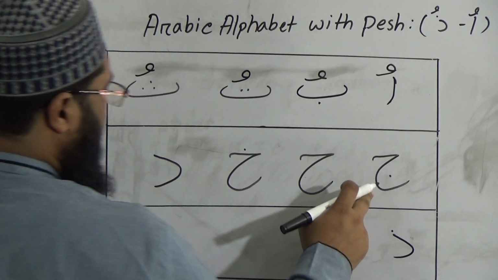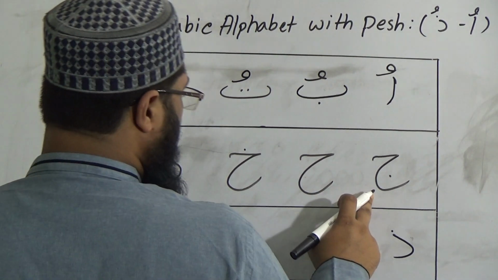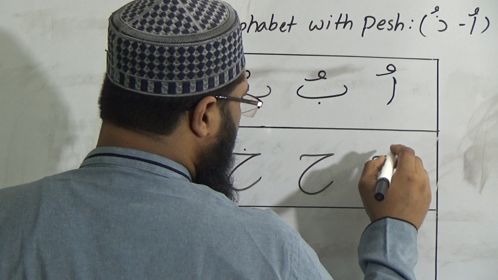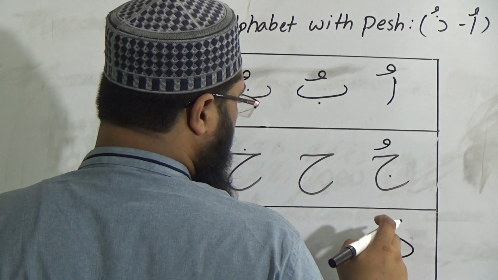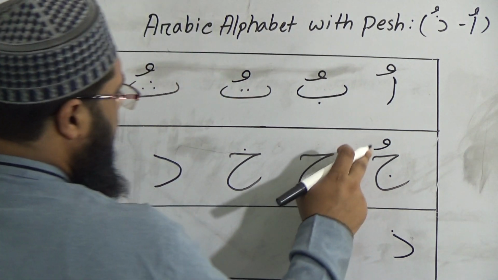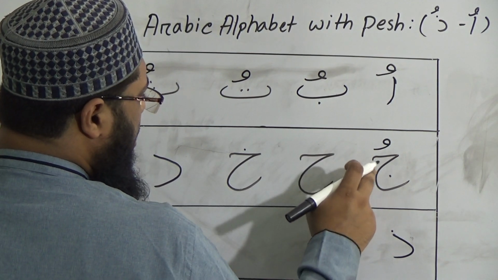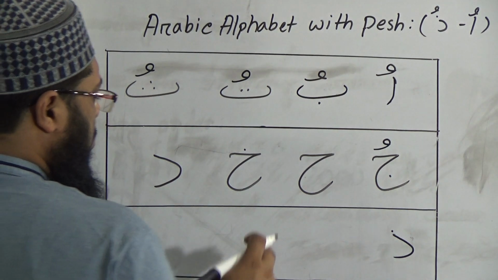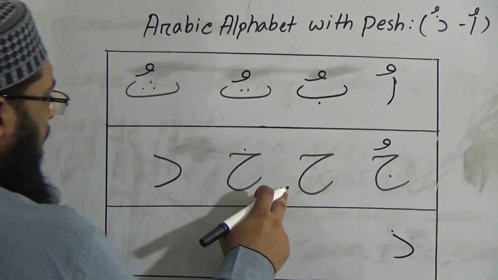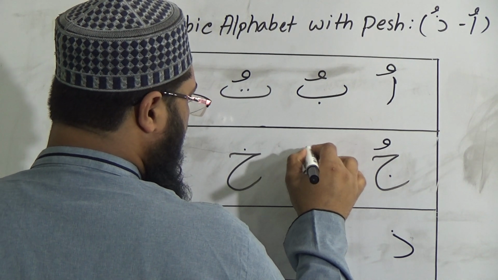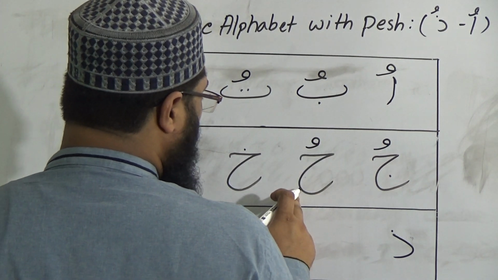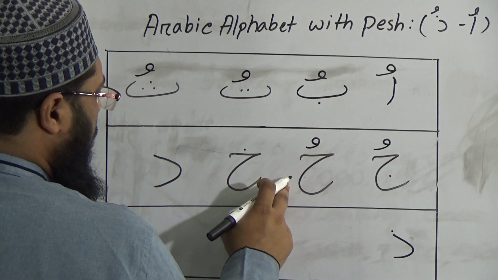Now you know that this alphabet is called Jim. Now I am putting a Pesh over the Jim, and you have to pronounce this one Jim Pesh Ju. Now this alphabet is called Ha. Now I am putting a Pesh over the Ha, and you have to pronounce this one Ha Pesh Hu.